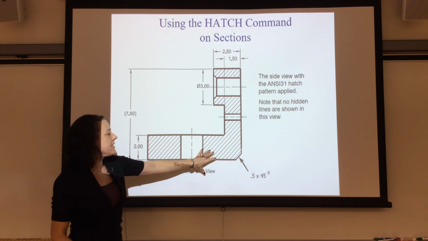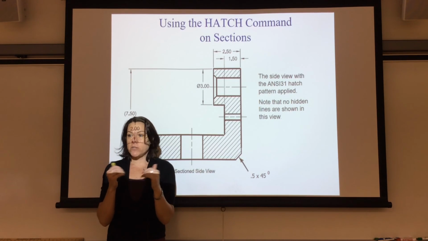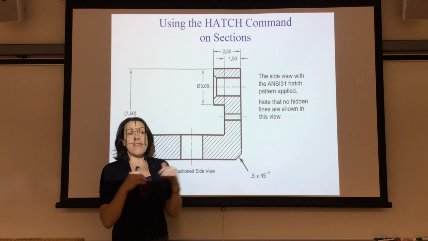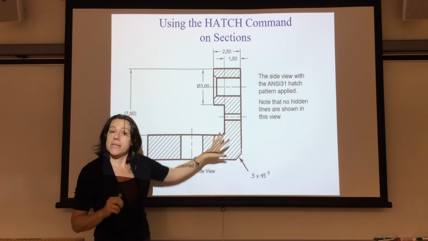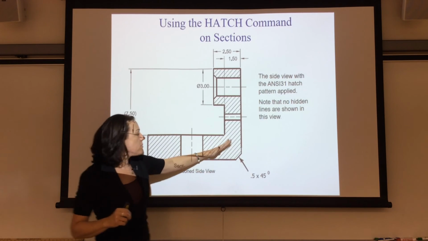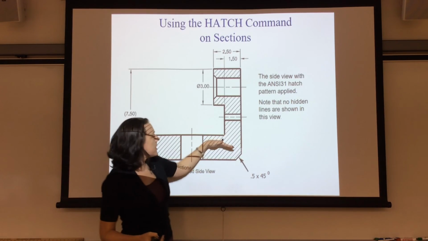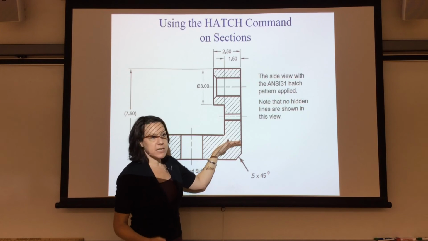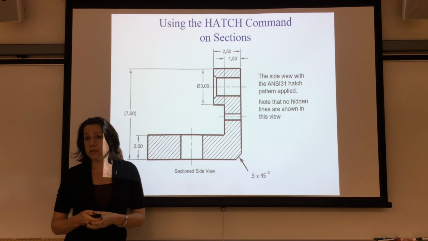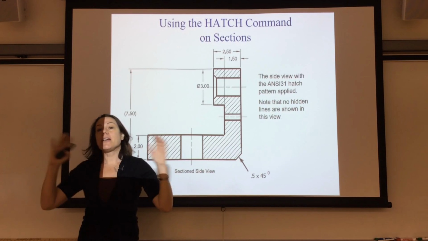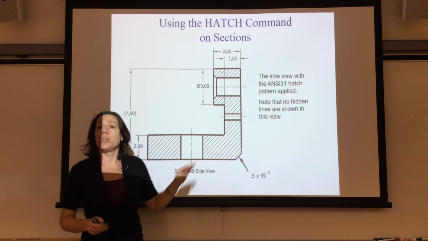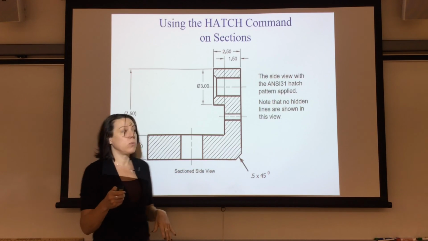Hatch, like this type, is usually done at a 45-degree angle. Now, that's what they tell you to draw by hand, but when we get into AutoCAD, we can rotate this hatching to any degree we want. We can make it go vertically, horizontally, 35, 60, whatever angle you want. Okay? Here's the other thing. Depending on the scale of the drawing, your hatching changes also.